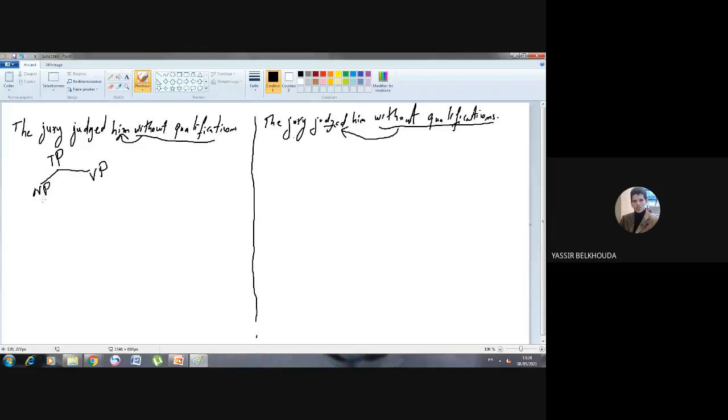In the NP, we branch it into a determiner and an N bar. The determiner we have the, and the N bar we have the noun joy. In the VP, we first branch one V bar. From the V bar, we branch two bars. The verb judged.